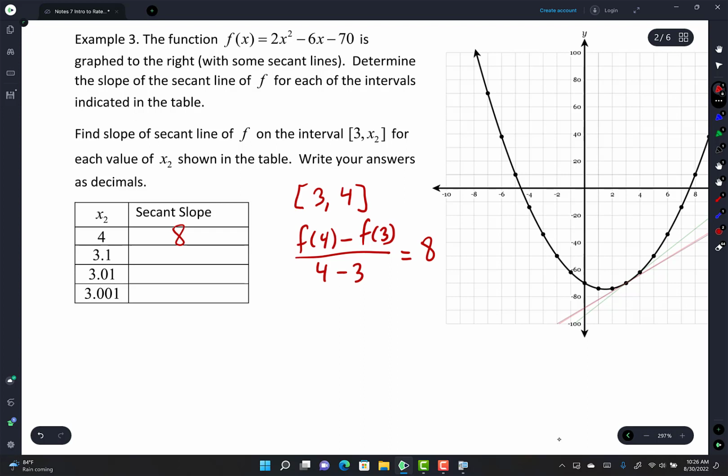Now we're going to do the same steps again, but you don't have to work really hard. You're going from 3 to 3.1. This is an interval: f of 3.1 minus f of 3 over 3.1 minus 3.